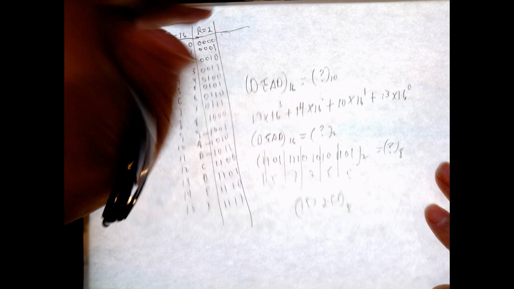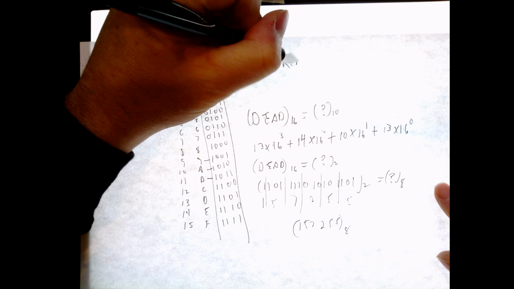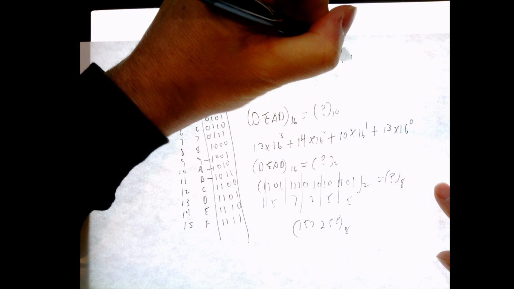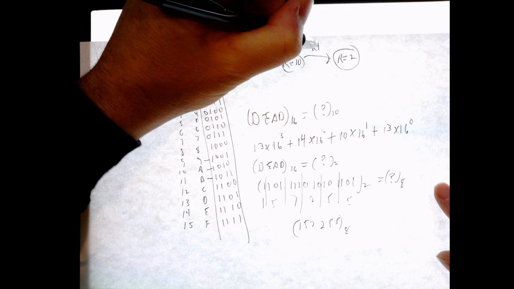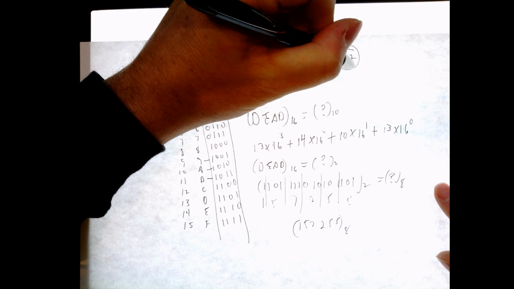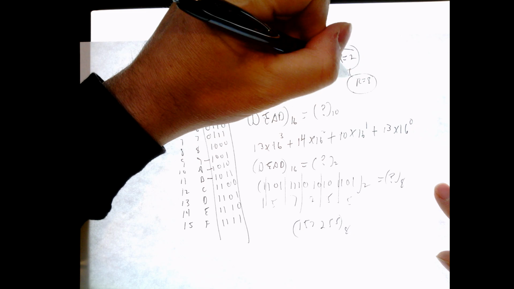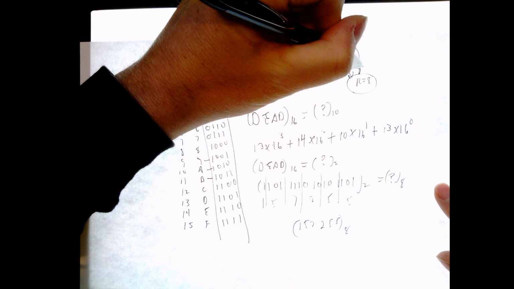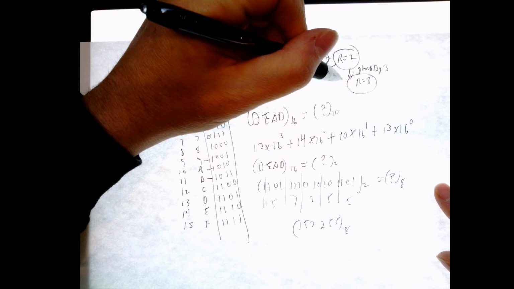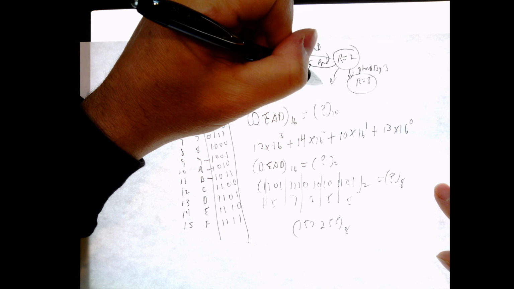So, to recap, if we're in radix equals 10, and we want to go to base 2, we use repeated division. To go back, we use positional notation. To go to base 8, we go by grouping. To go to base 16, we go by grouping, but we group by 4.